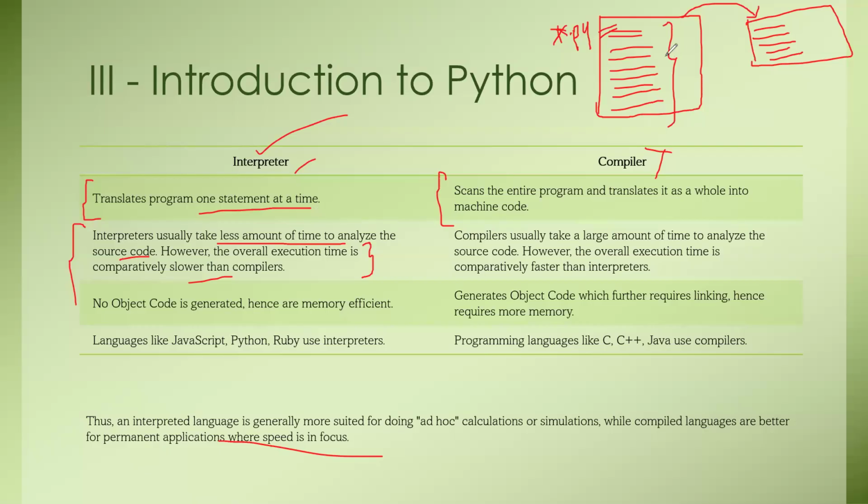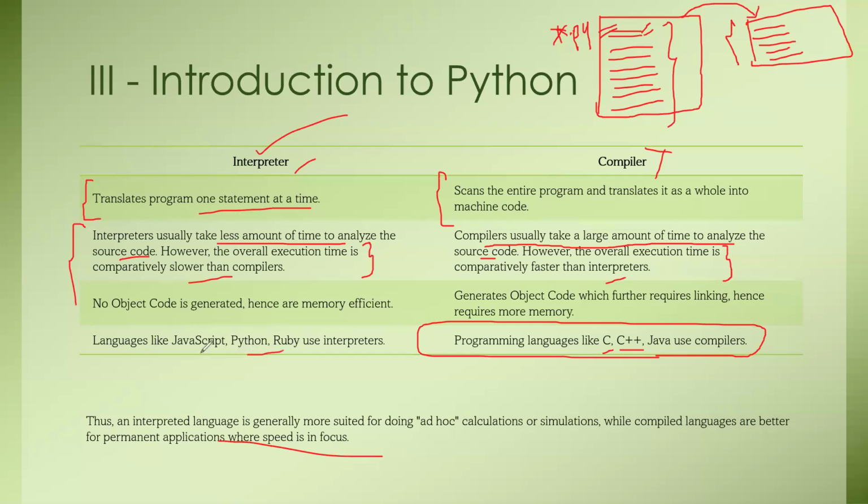And interpreter can quickly translate one line, but compiler will take the entire program for translation. So compiler usually takes a large amount of time to analyze the source code. However, the overall execution time is comparatively faster than interpreter. That is the reason your C, C++, Java and all use the compiler. Correct.